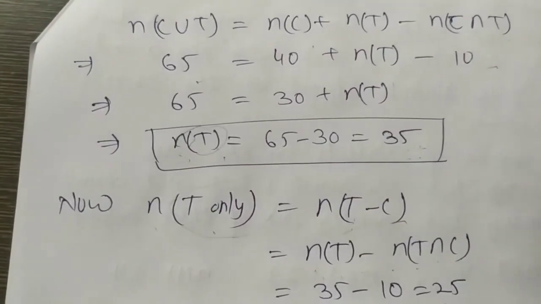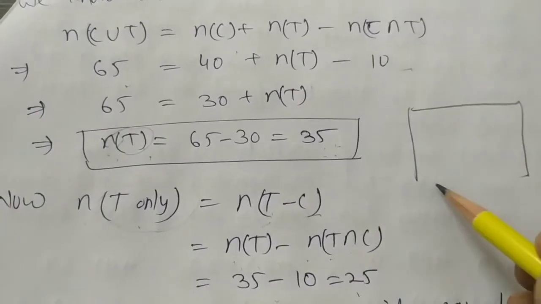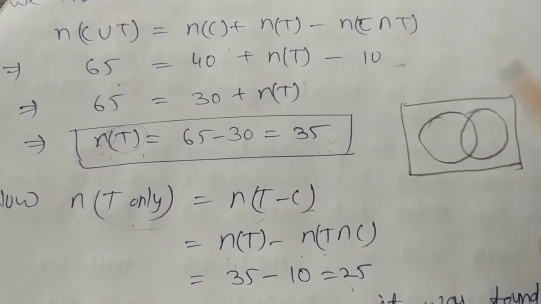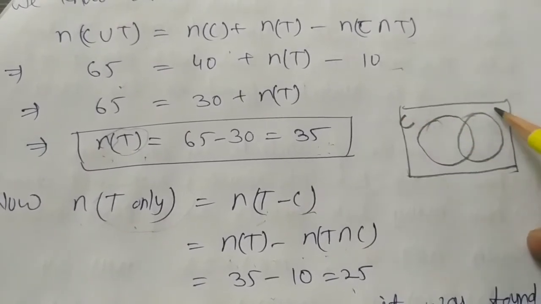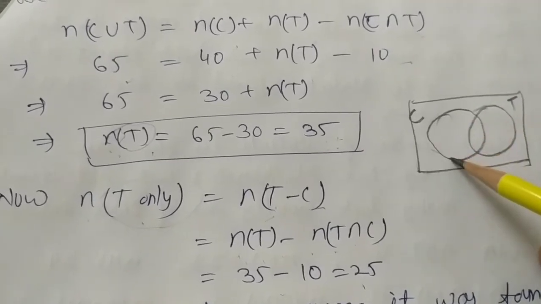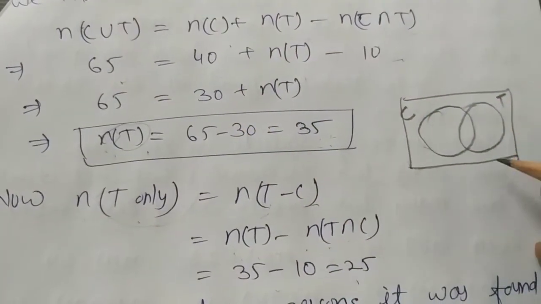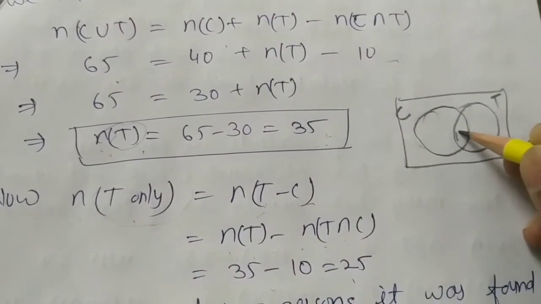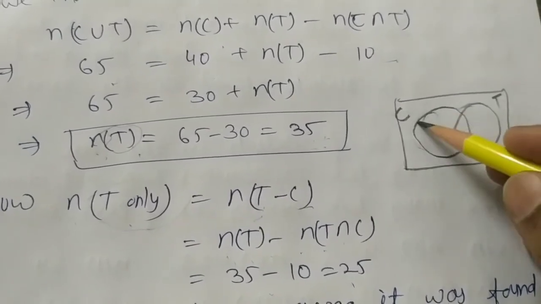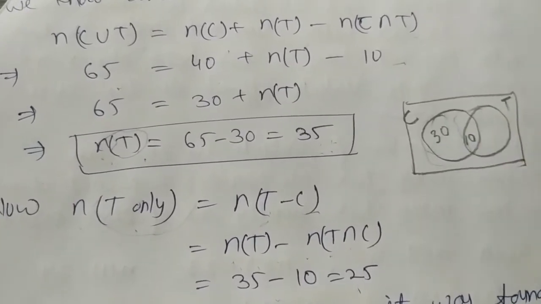We can also solve it using a Venn diagram. This is C, this is T. We are given that the total number of people who like cricket is 40 and the common elements are 10. Common people are 10. How many are left in this part? That is 30.